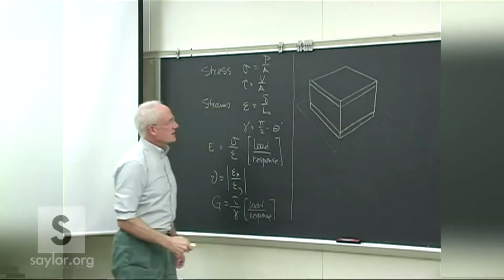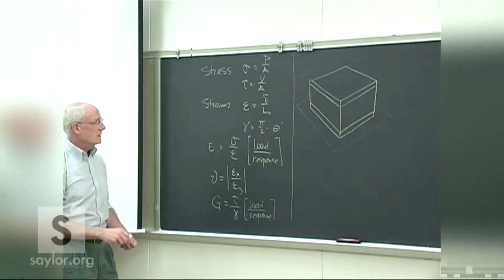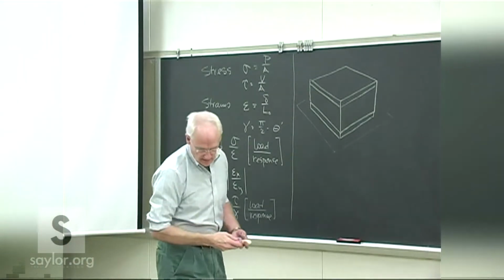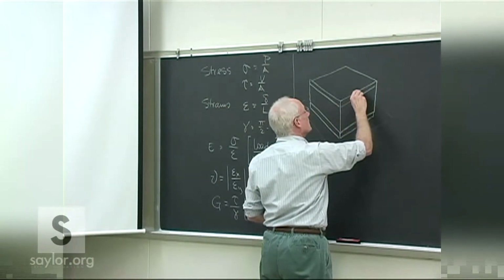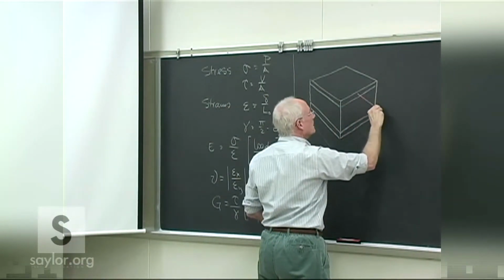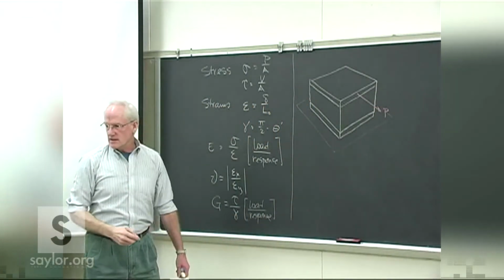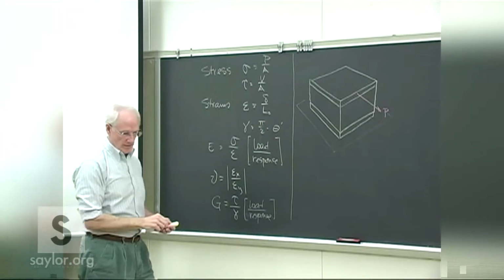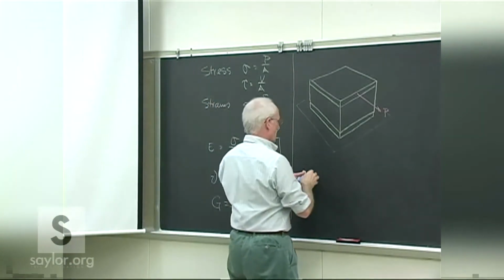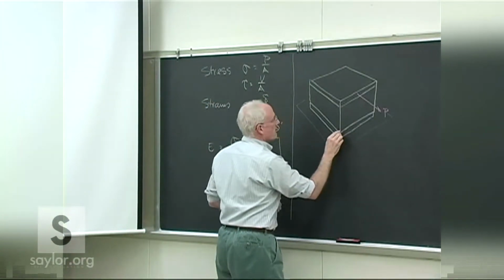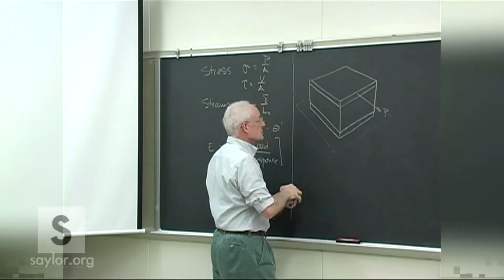And we'll assume it's rigidly mounted to some surface, and then there's some kind of load here that then causes the shear block to deform, and it might do something like this.